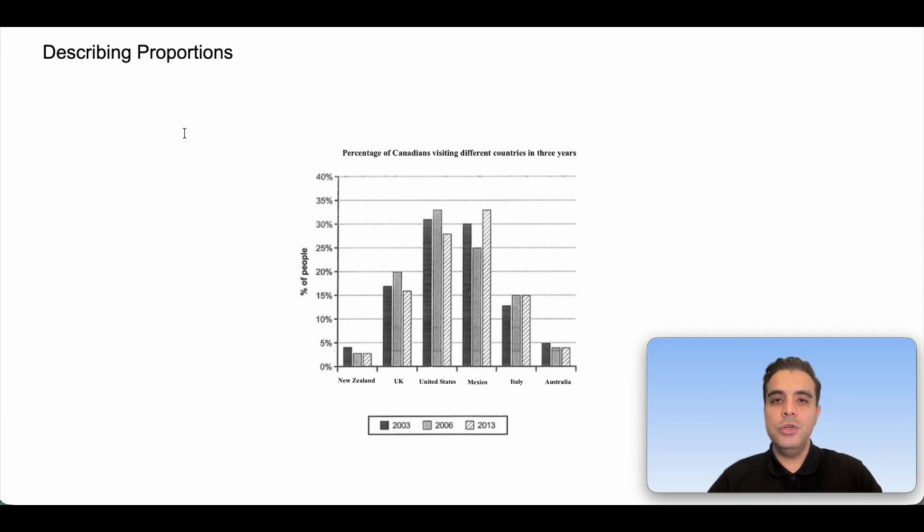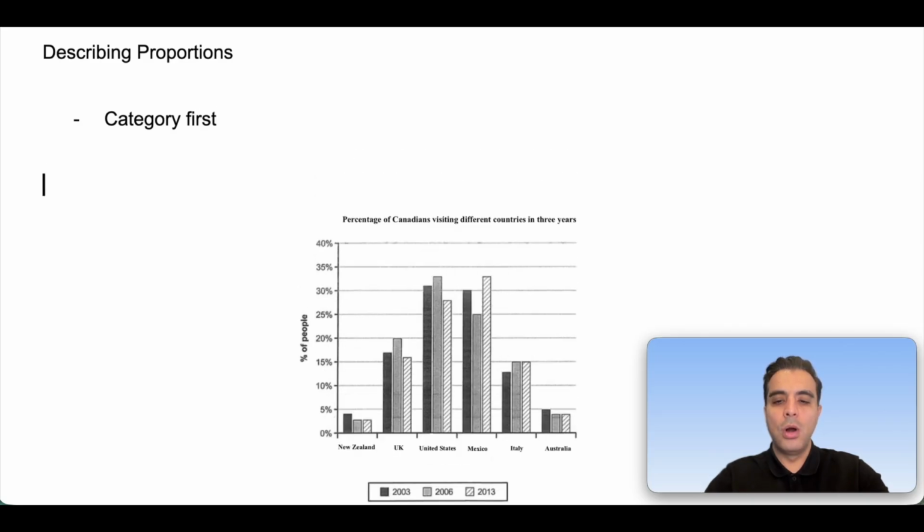But we're still going to use this bar chart to review the structures and to come up with some sample sentences. Once again, when it comes to describing proportions, there are two structures that we can use, and these are the same categories as before. So we can describe proportions with the category first structure, or we can do so with the metric first structure.